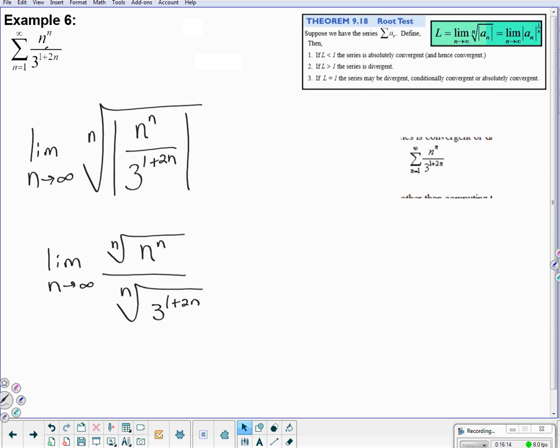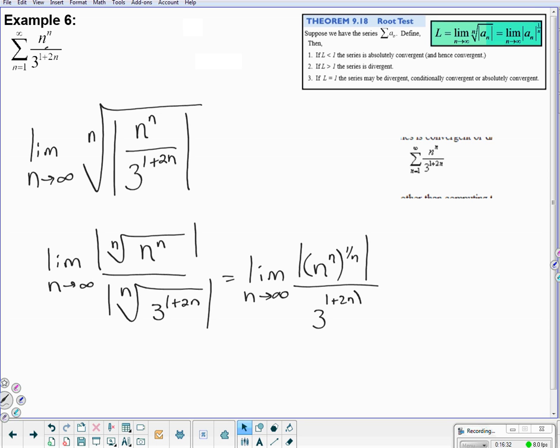And we could have these absolute values out here if we wanted to. Well, this first one, you may say, you know what, I don't like looking at radicals, so I'm going to rewrite it as a power, and that is perfectly fine.